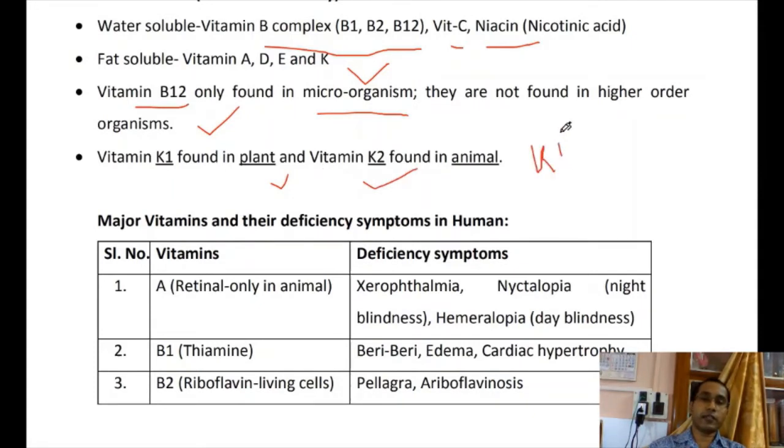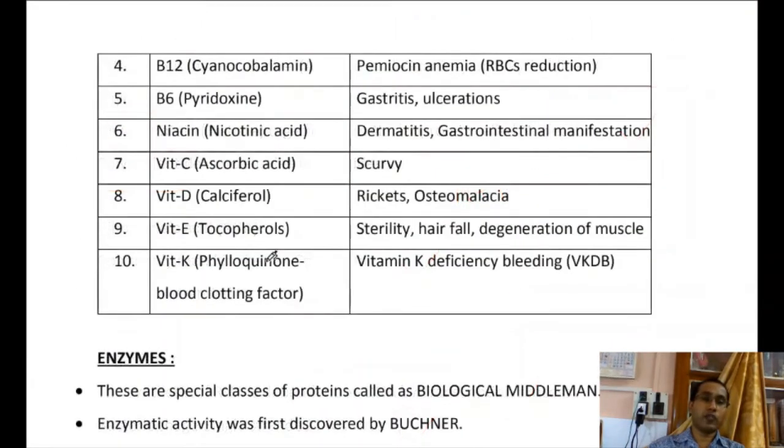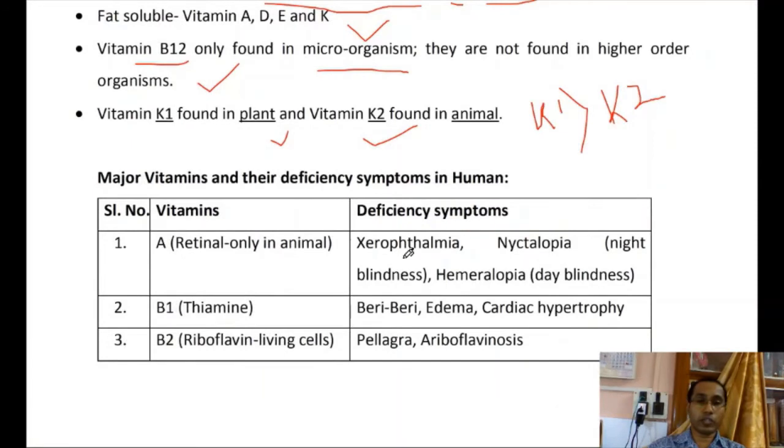So these are very important questions. What are the deficiency symptoms that come due to specific vitamins? A: xerophthalmia, nyctalopia, and hemeralopia.